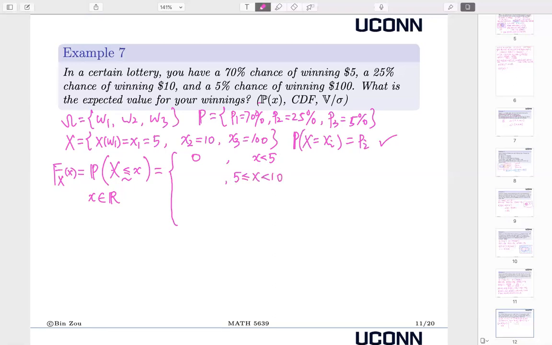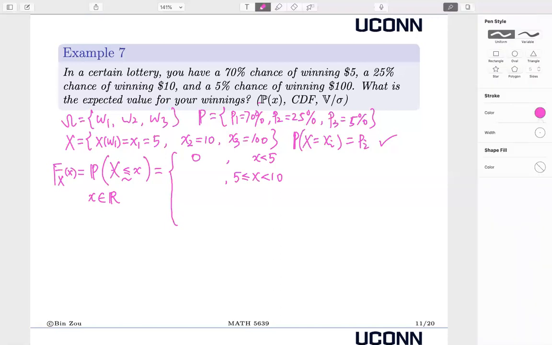Here the inclusion is important: including 5, but excluding 10. Within this range, there's only one possibility, that's omega 1, and we know the probability of omega 1 is 70%. Going to the next level is x greater than or equal to 10, but less than 100.